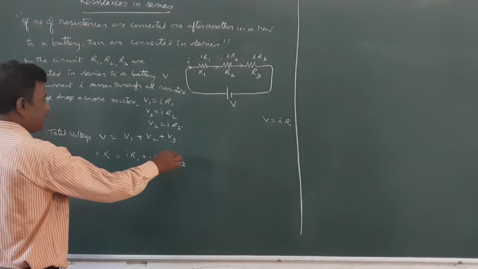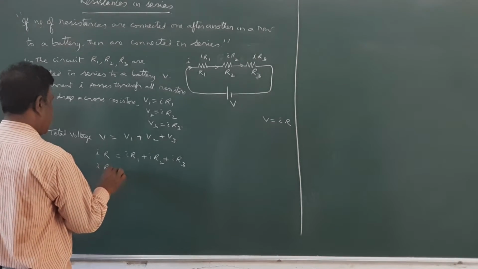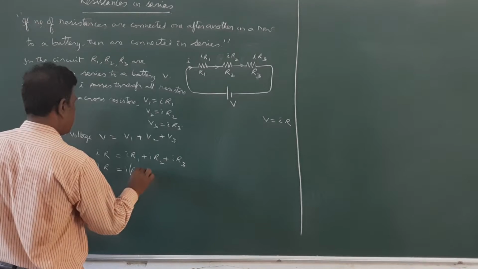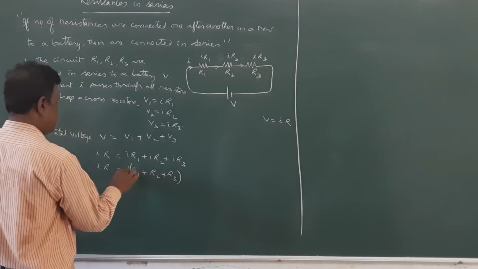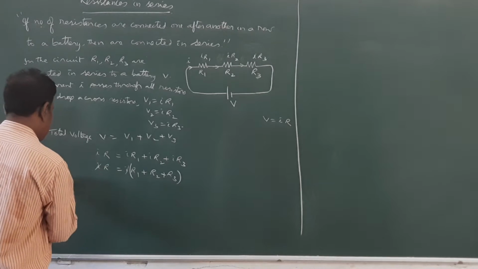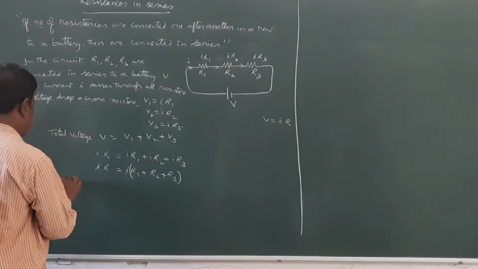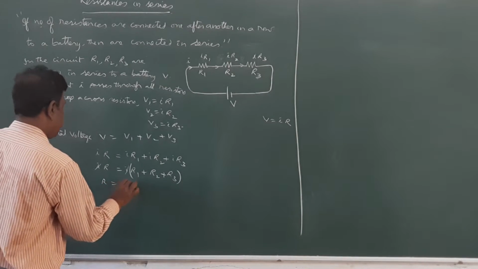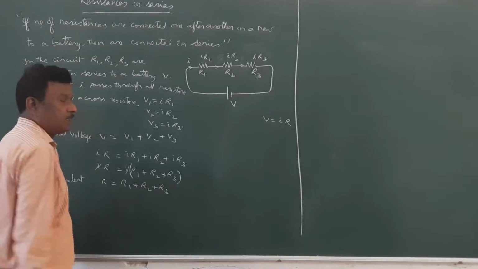Therefore, I gets cancelled on all sides. R is equal to R1 plus R2 plus R3. Therefore, the equivalent resistance R is equal to R1 plus R2 plus R3.